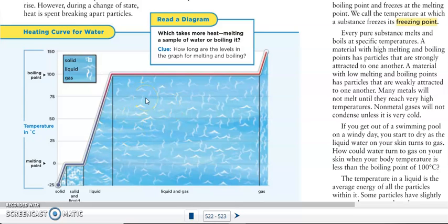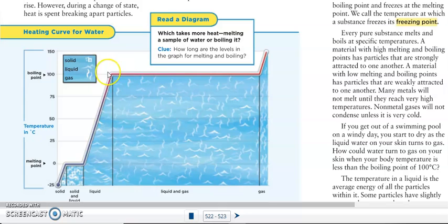Okay guys, what happens as you remove heat from water? You follow a cooling curve. This curve is a heating curve for water, but you follow a cooling curve. This curve is the reverse of the heating curve.